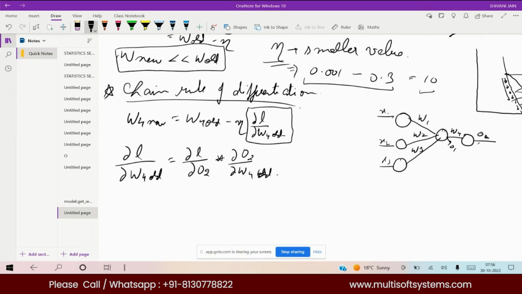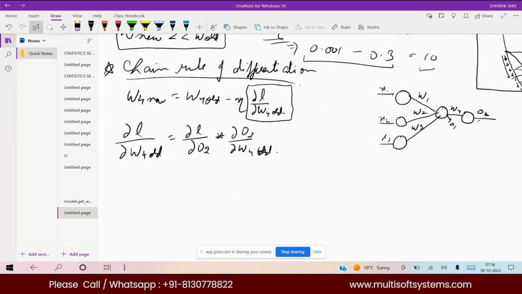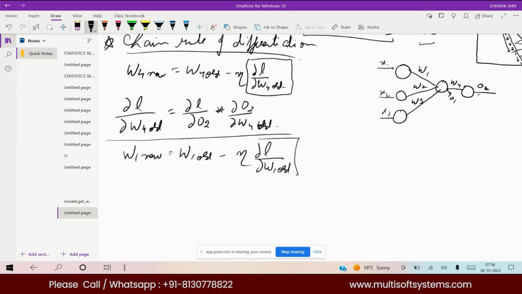Similarly, if I ask you to update W1, the formula will be W1 new is equal to W1 old minus eta of derivative of loss divided by derivative of W1 old. Now how will I calculate this?